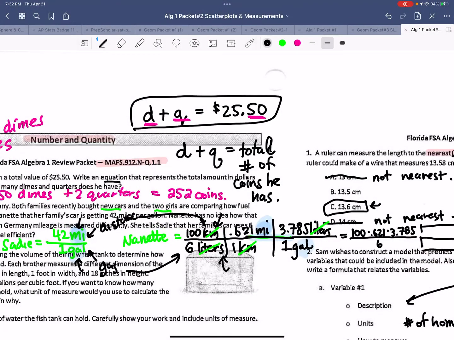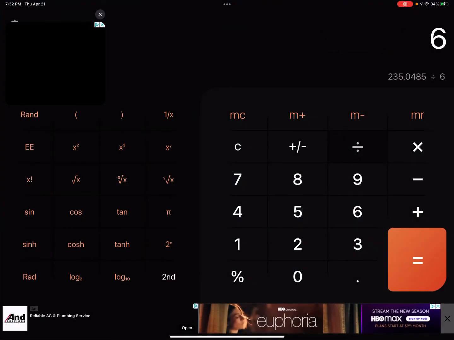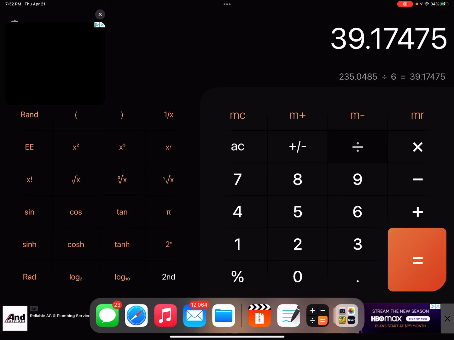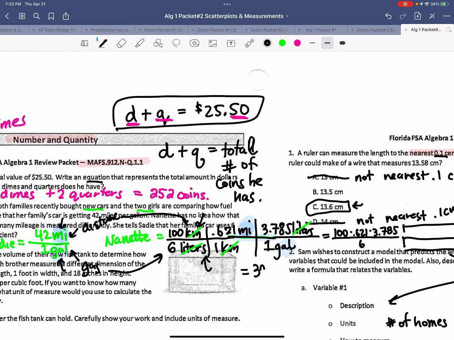And then I need to divide by 6, okay? So I'm going to divide by 6. Beautiful, 39.2. Let's just round, 39.2. Okay, so this is 39.2 miles in 1 gallon.